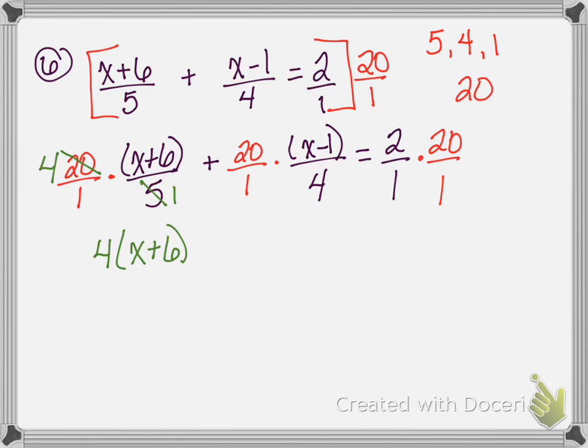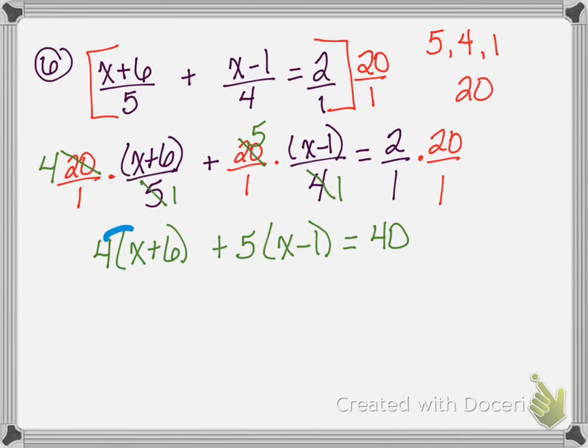That's what I'm left with. 4 goes into 4 one time. 4 goes into 20 5 times. So I'm left with 5 times x minus 1. Okay? There's nothing to cross cancel or anything on the last part. So it's just 2 times 20, and 2 times 20 is 40. And now this looks like something that we're more comfortable solving.